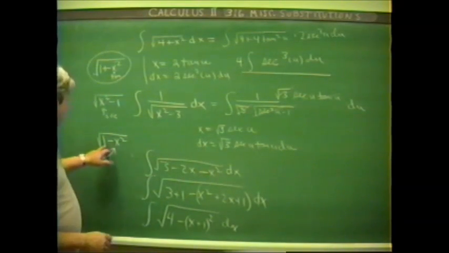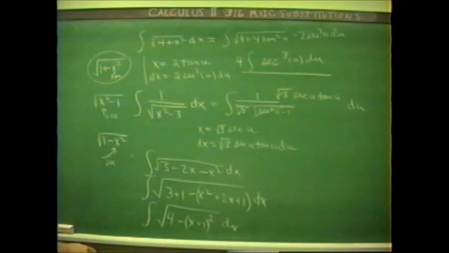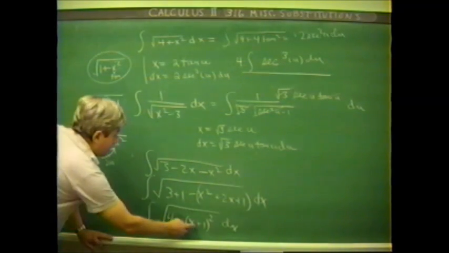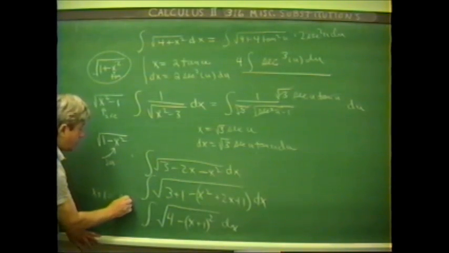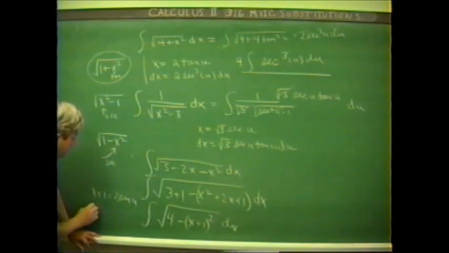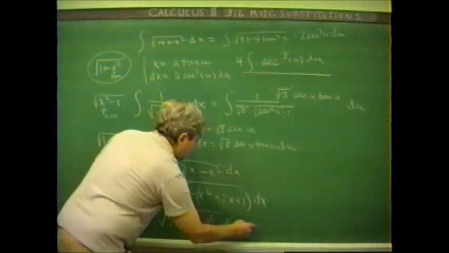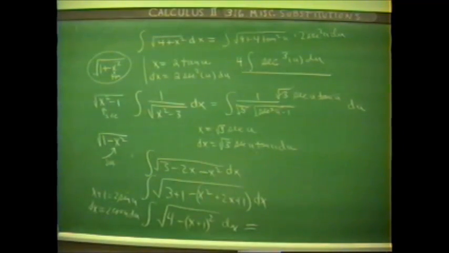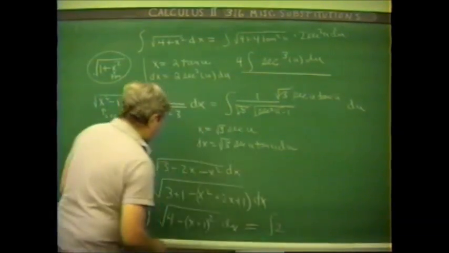And now I'm looking at something that looks like 1 minus x squared. I'd like to make a sine substitution in here. In particular, I'd like this x plus 1 to be equal to not sine u, but 2 times it, so that when I square it, I get 4. And so dx is equal to 2 cosine u du, and this becomes the antiderivative of the square root of 4, which is 2.